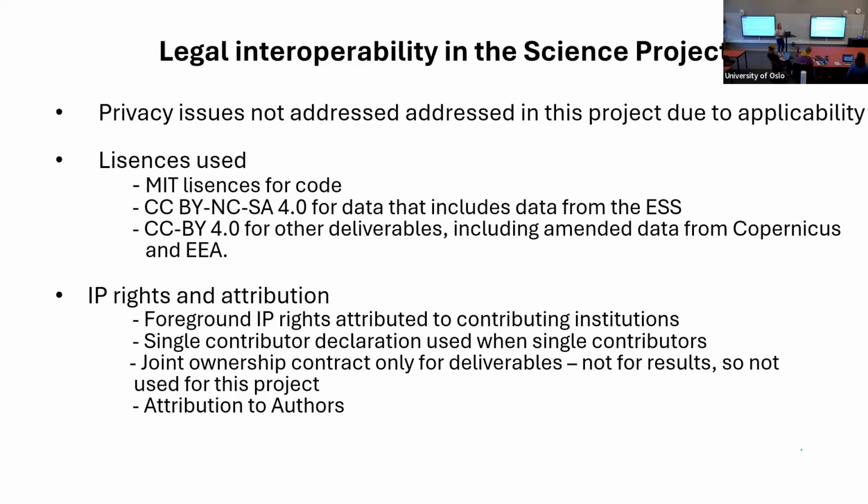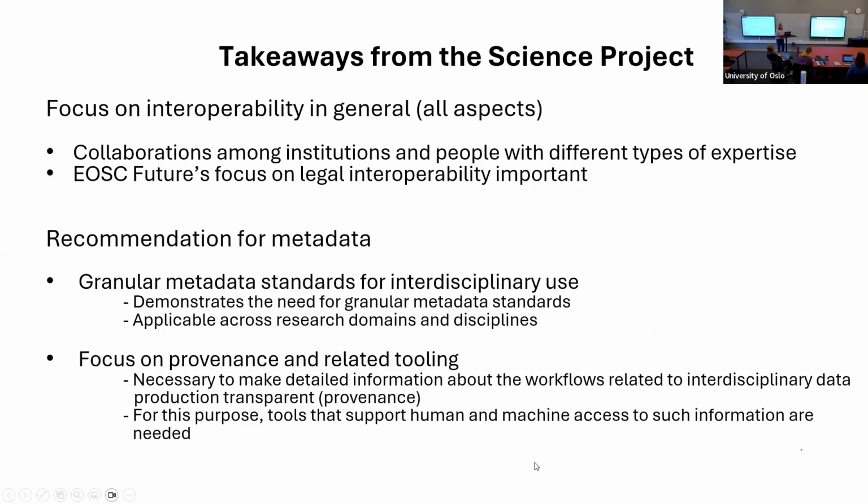But social scientists, no. So then it ended up that it is not for results, only for deliverables. So then we managed to get out of that with an attribution to authors. And the takeaway was that the project had a very nice focus on interoperability in general, all aspects, and this collaboration among institutions and also experts from the different domains was a really nice and valuable experience.